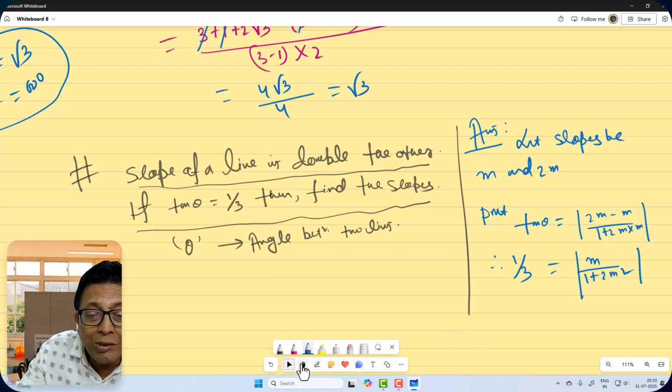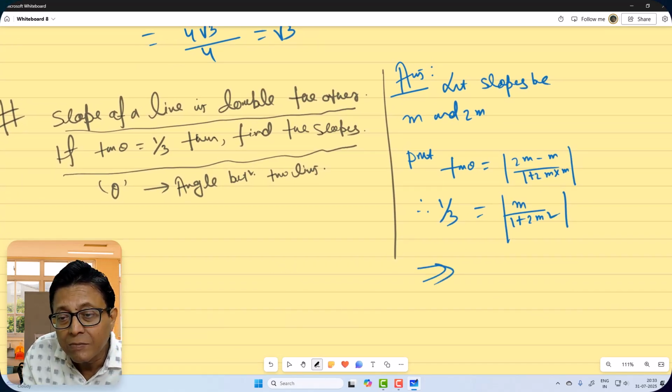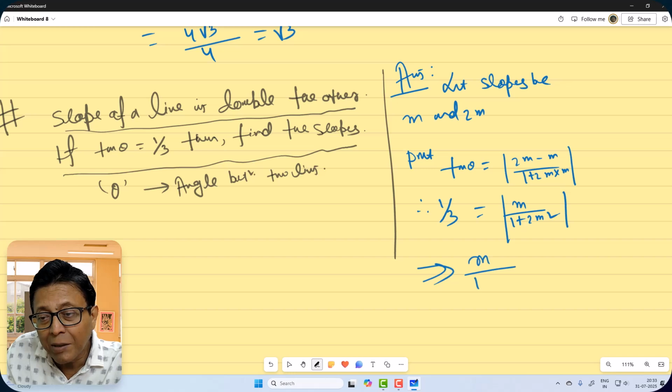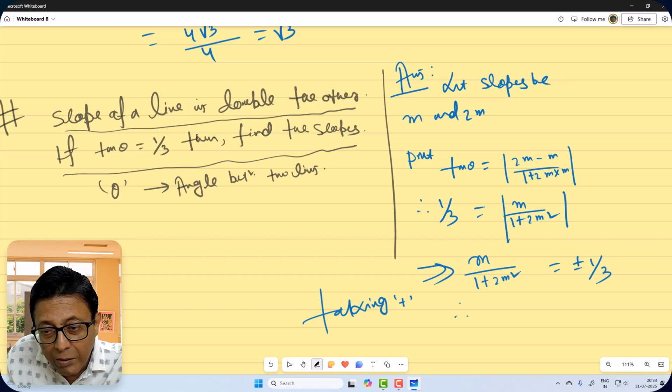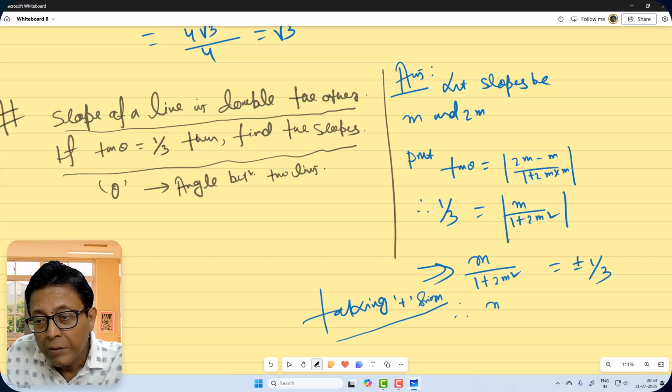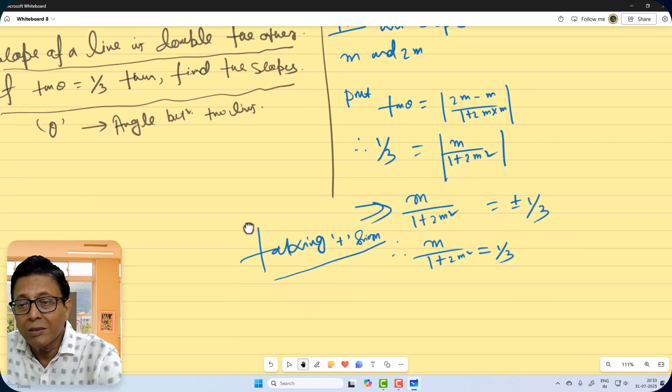Now, when we are going to remove the mod, we should take a plus minus sign here. M by 1 plus 2M square equals plus minus 1/3. So take the plus sign. M by 1 plus 2M square equal to 1/3.